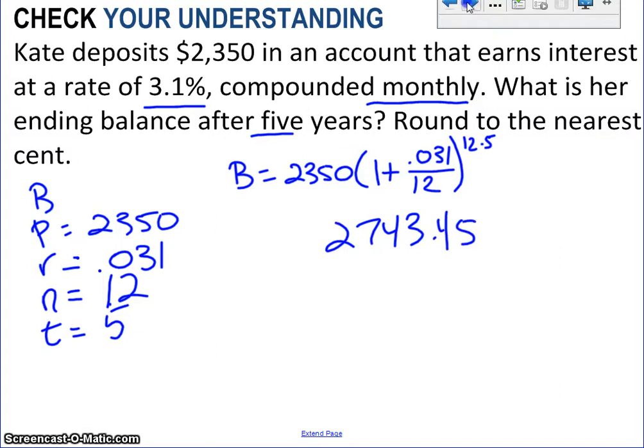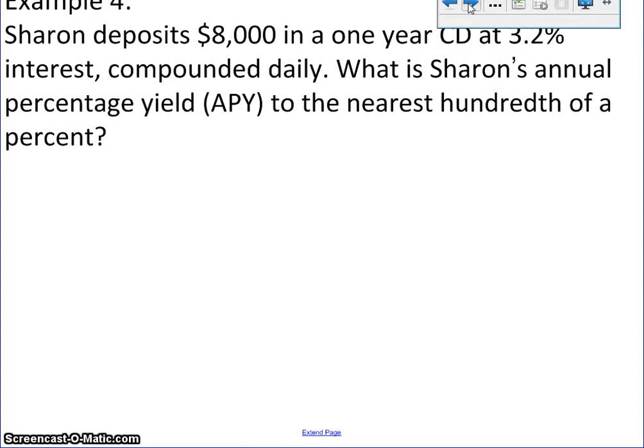All right, moving on to the last example here. And now we're talking a different formula, and it's called the annual percentage yield. So it says here that Sharon deposited $8,000 into a 1-year account at 3.2%, compounded daily, and what is her APY?